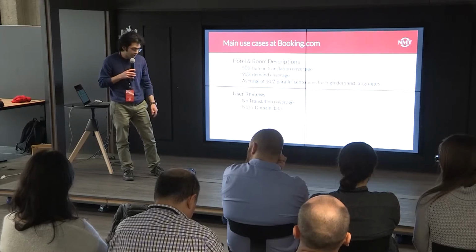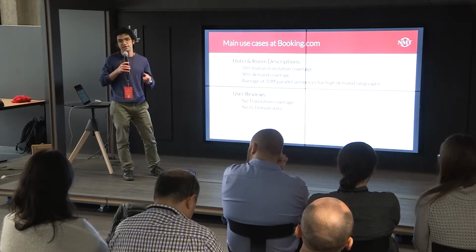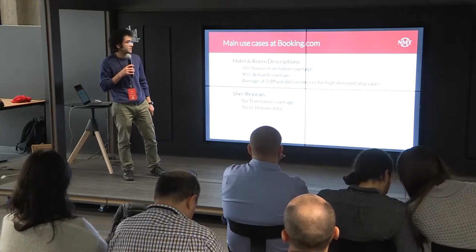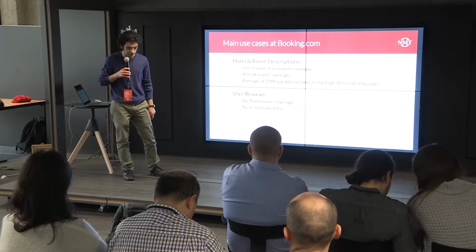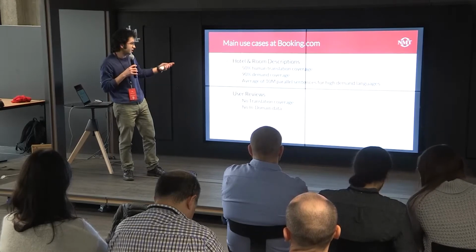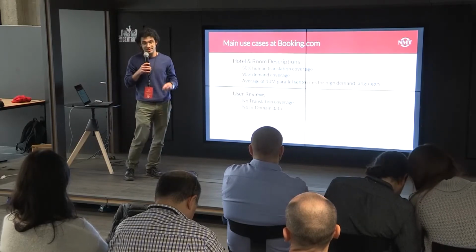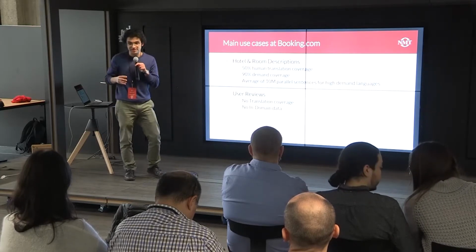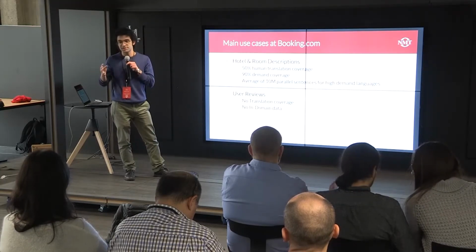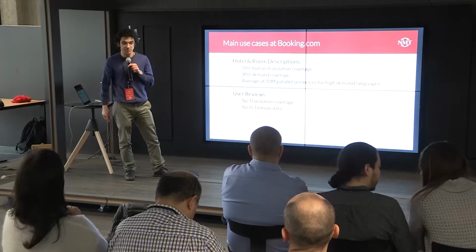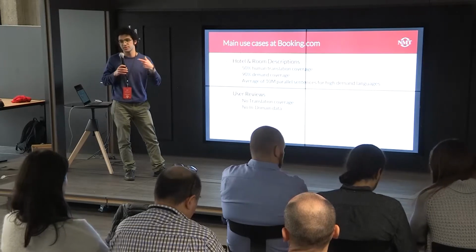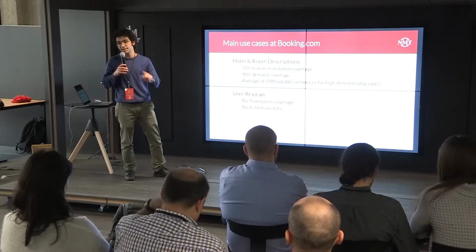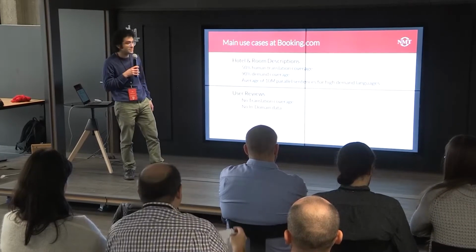Our main use cases are hotel and room descriptions. When you open the hotel page, you'll find brief descriptions about the hotel, and some descriptions of the rooms also. We have more than 1 million properties, and it's not only about translating untranslated properties from English to other languages, but also updating the descriptions, because every day new descriptions are updated.